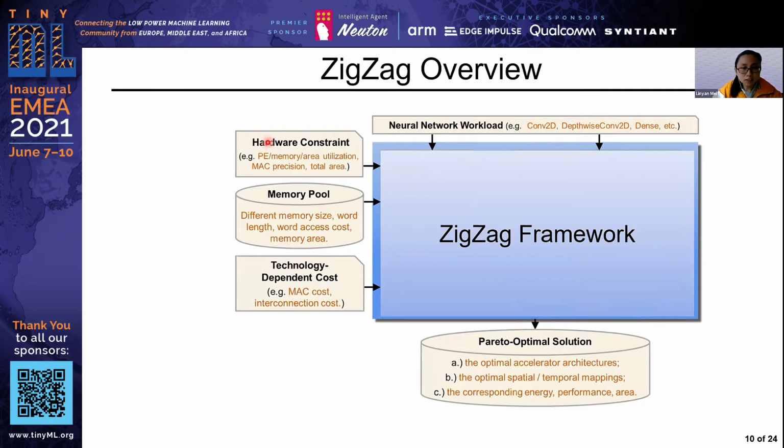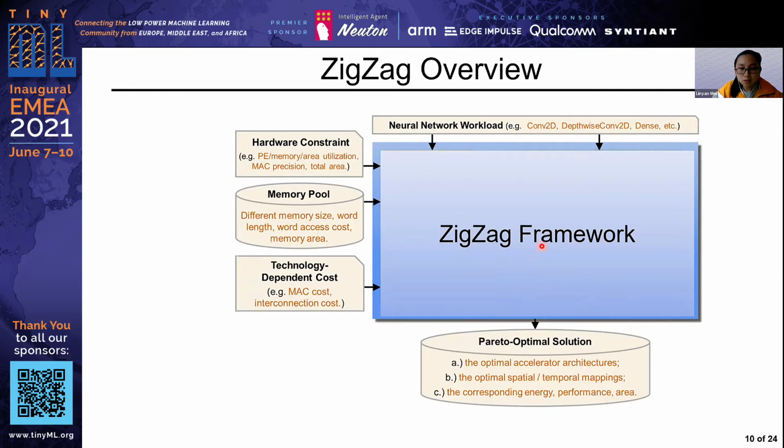And it also takes in the hardware constraints that the user can put, like the area utilization and the precision, and then the memory pool, which includes a lot of different memory instances that we can use to build different memory hierarchies, and technology-dependent costs, like each MAC cost or interconnection cost. It provides Pareto optimal solutions: the optimal accelerator architecture, the optimal spatial and temporal mappings, and the corresponding energy, performance, and area.